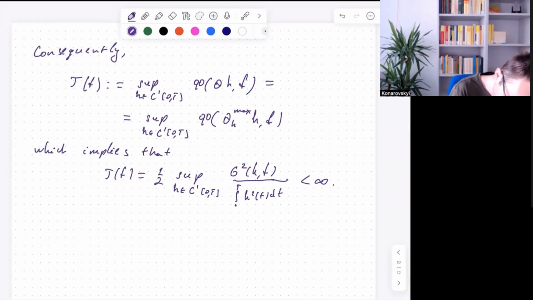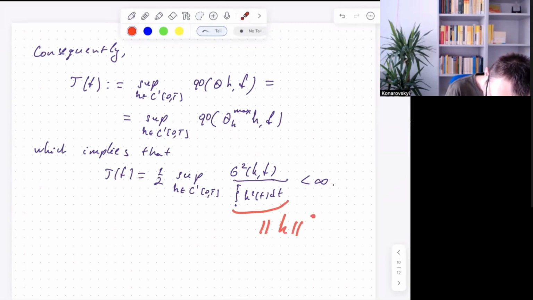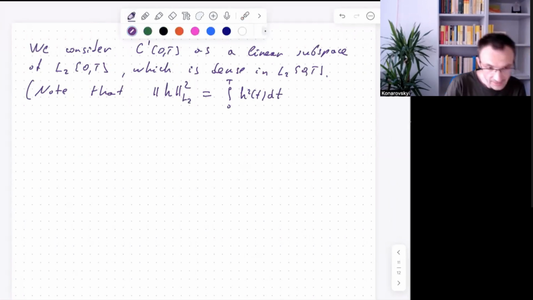So exactly here you see the norm of h square in L2. Okay. And C1 is a linear subspace.